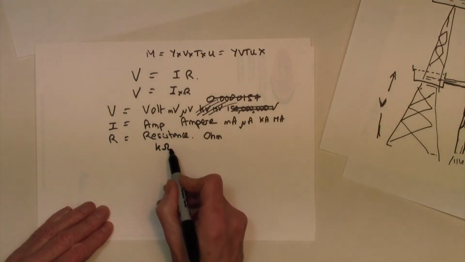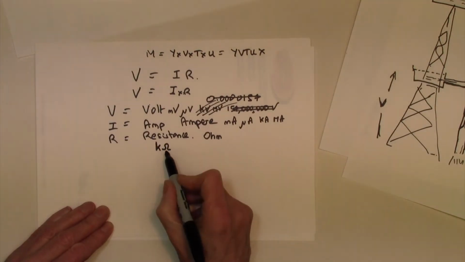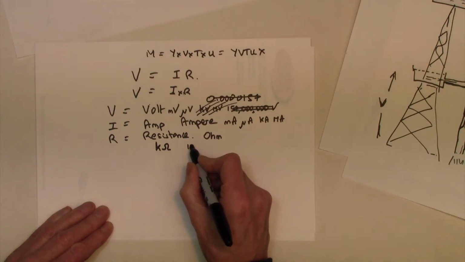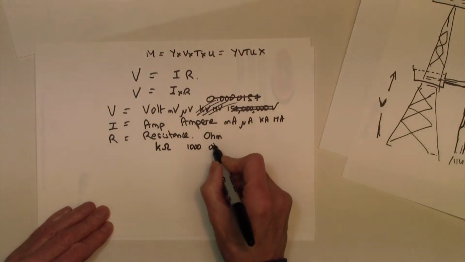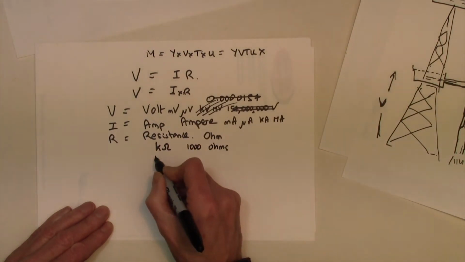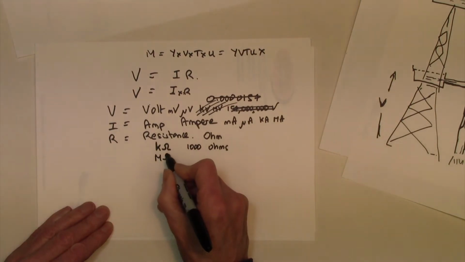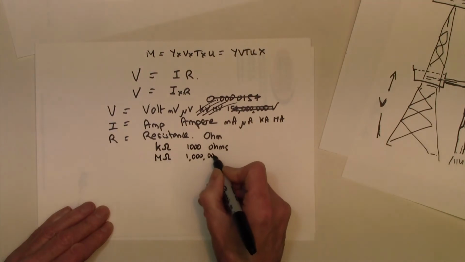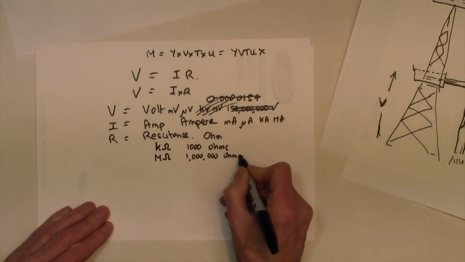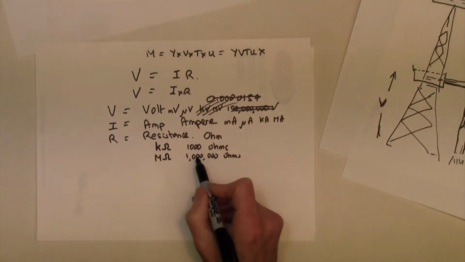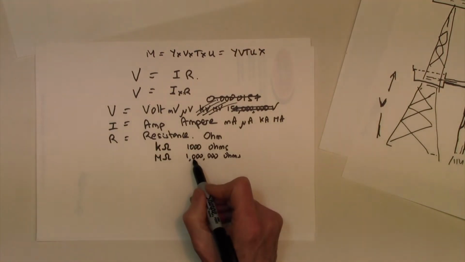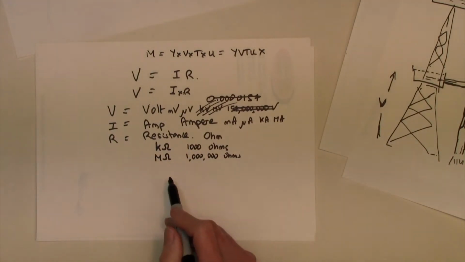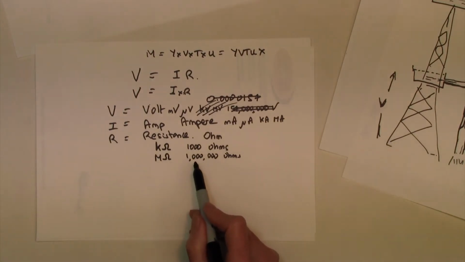It's that little omega, I think it is. Kilo ohms is 1,000 ohms. And mega ohm, which is 1 million ohms. And we frequently come across resistances in these ranges. In fact, I'm just going to grab a couple of resistors for you now and show you.